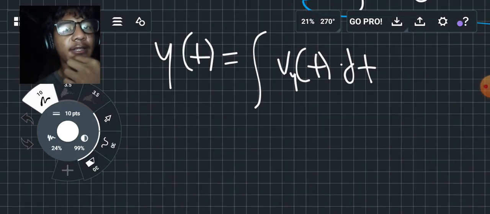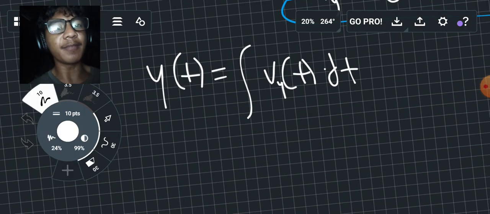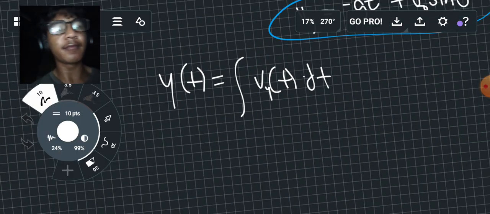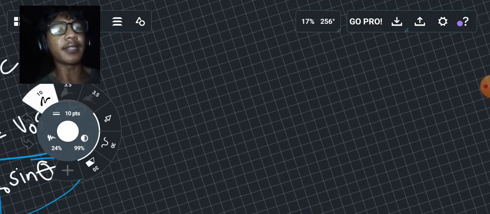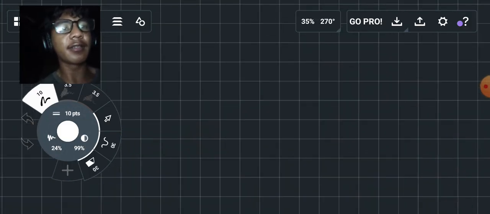For those of you who may be wondering why the position is the integral of the velocity, here's why.